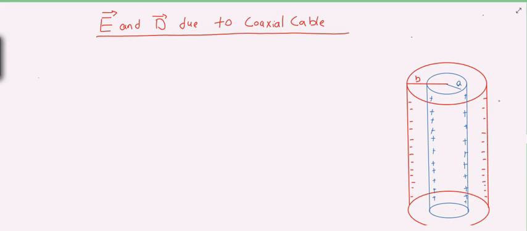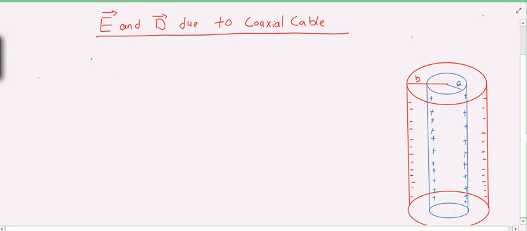So here is my coaxial cable which is having one inner conductor and one outer conductor, and charge is present over their surfaces. Here on this inner conductor of radius a, the charge present over its surface is positive, and the outer conductor has charge on its surface as negative.